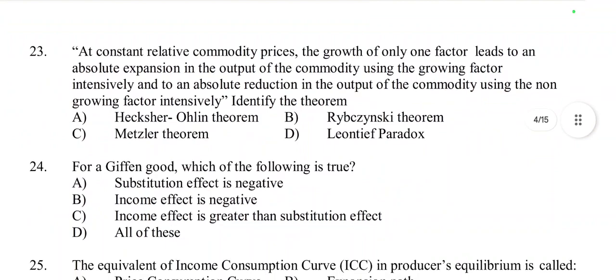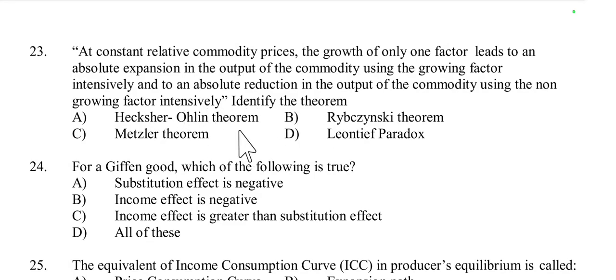Then question number 23, this is a definition or statement. At constant relative commodity prices, the growth of only one factor leads to an absolute expansion in the output of the commodity using the growing factor intensively, and to an absolute reduction in the output of the commodity using the non-growing factor intensively.